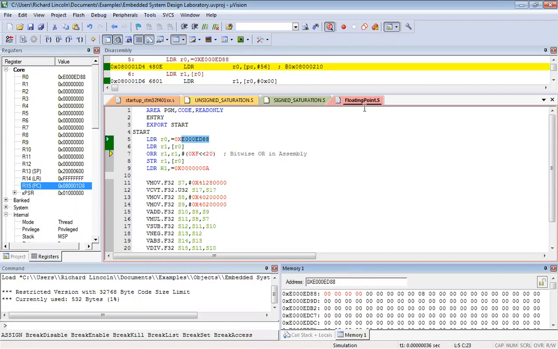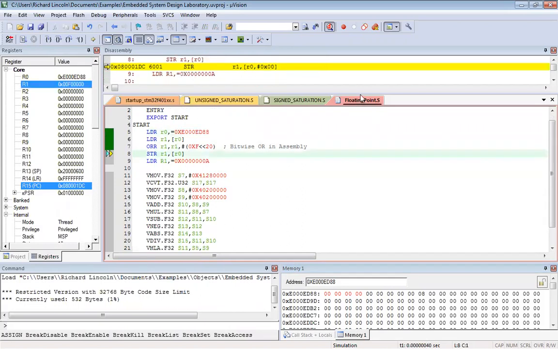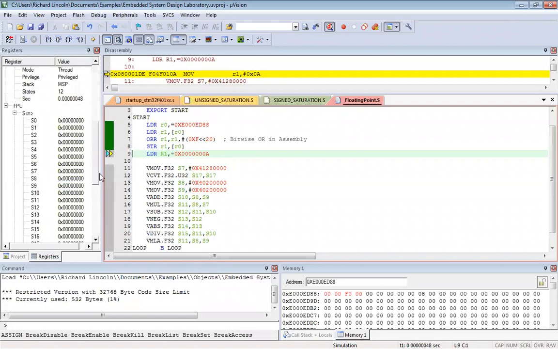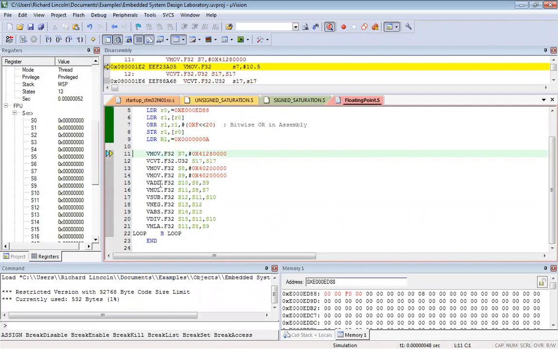Now next we're going to store the value from R0 to R1. As I was mentioning, now we're going to activate the floating point registers, and we are going to deal exclusively with these.